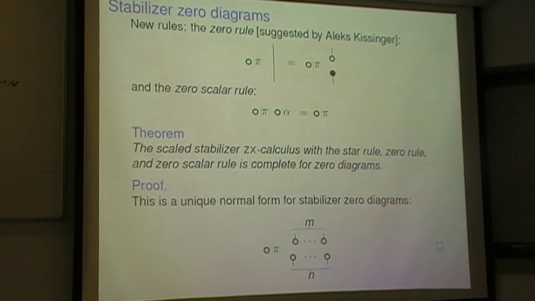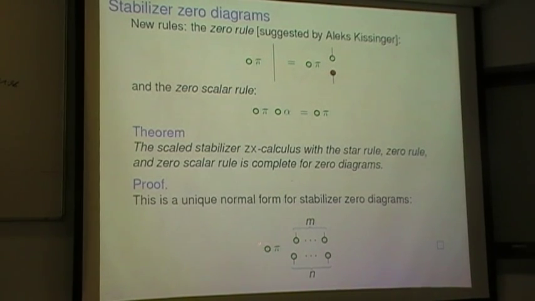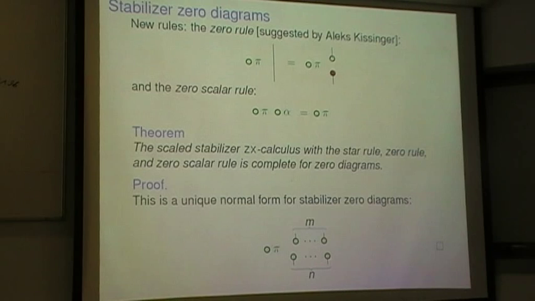The normal form that I've chosen is this one here: we have one copy of the zero scalar, and then we disconnect all the inputs and all the outputs with these green nodes. We can rewrite any zero diagram into this form, and it should be fairly obvious that this is in fact unique. And therefore the stabilizer ZX calculus is also complete for zero diagrams.